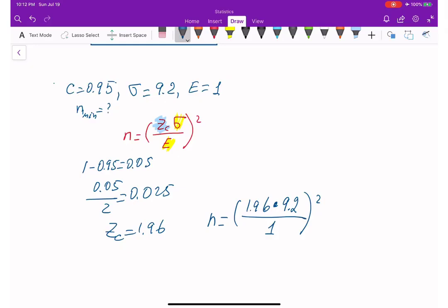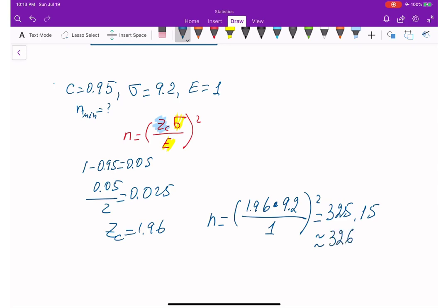Let me see what we're going to get. 1.96 times 9.2, and then square this. The answer is 325.15.